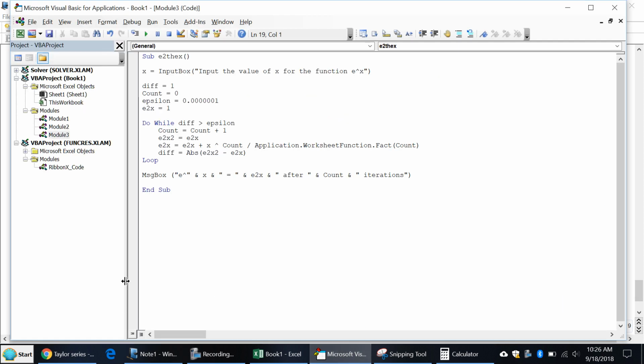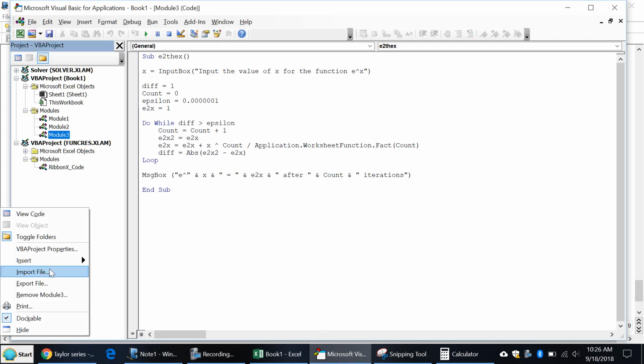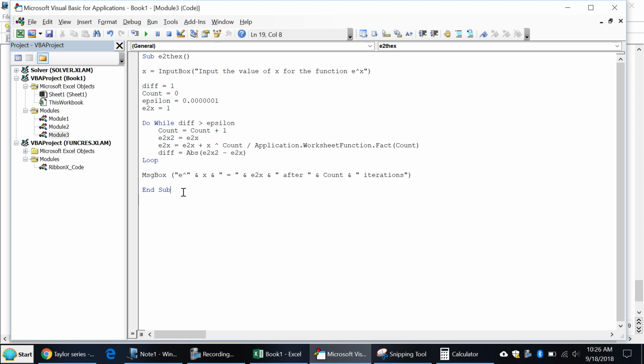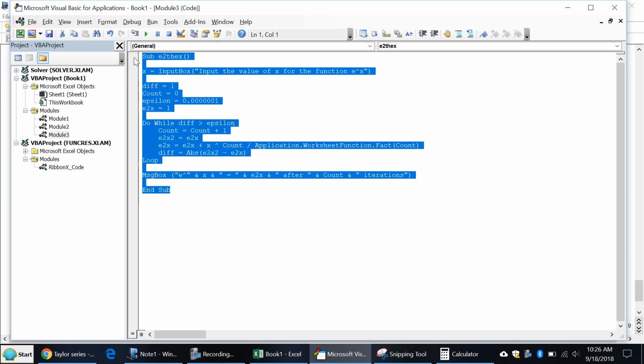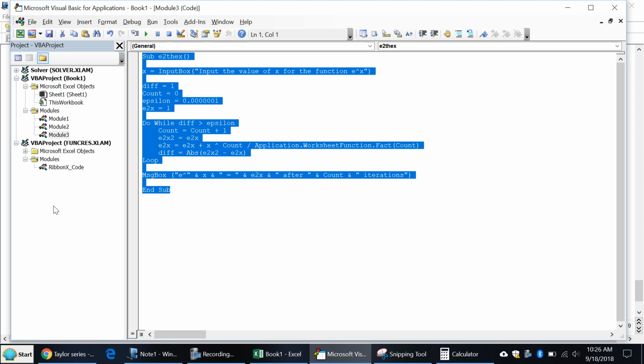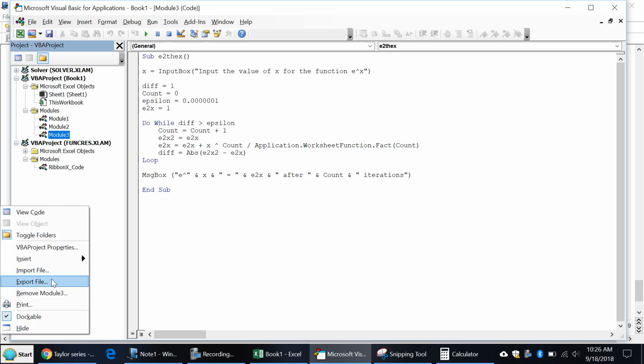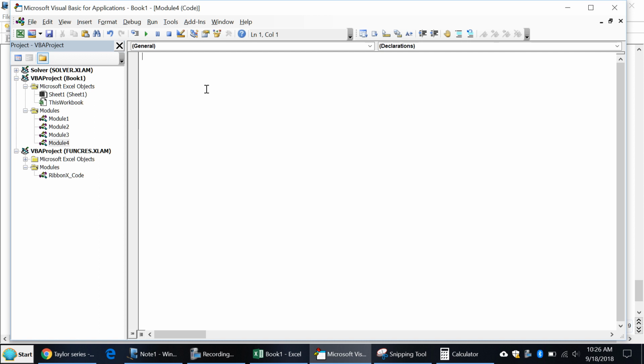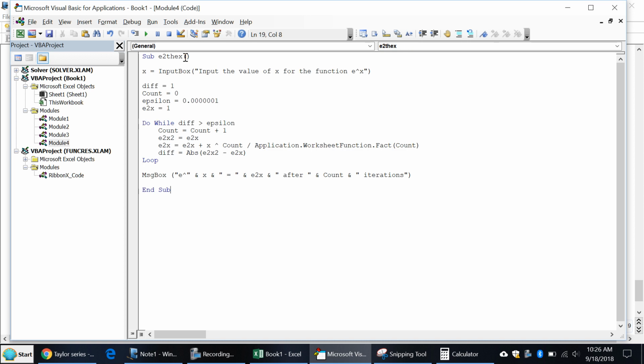Okay, so let's do one more of these, and let's just do a little cheating. Let's take Control-C, just highlight it and hit Control-C or File Copy. Do an Insert Module, Control-V, and I'm going to call this one lnx.